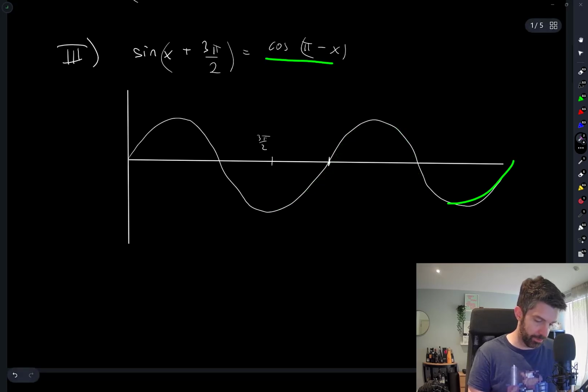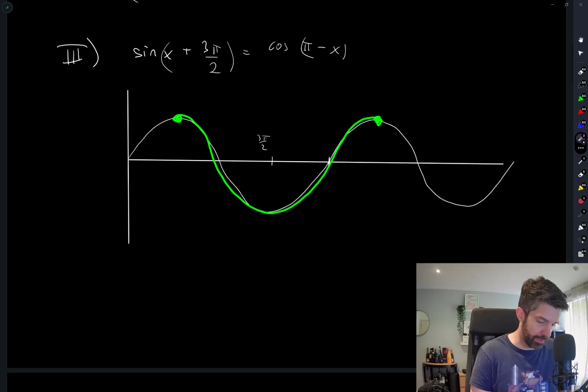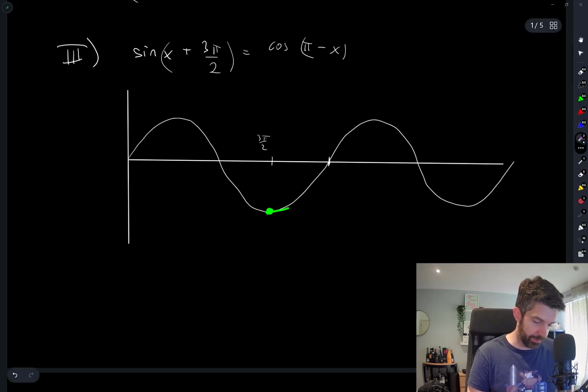And that is cosine of pi minus x, right? That's one period of the cosine curve. If I shift it by pi and then reflect it, I get something that looks like this, which is exactly the sine curve starting from there. So this one is correct.